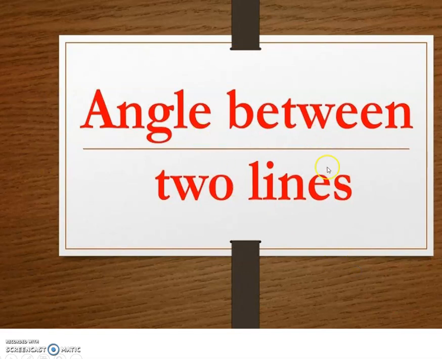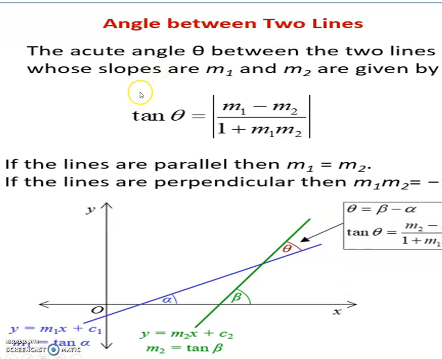The acute angle theta between two lines whose slopes are m1 and m2 is given by tan theta is equal to modulus of m1 minus m2 upon 1 plus m1 into m2. If two lines are parallel, then m1 is equal to m2. If two lines are perpendicular, then m1 into m2 is equal to minus 1.